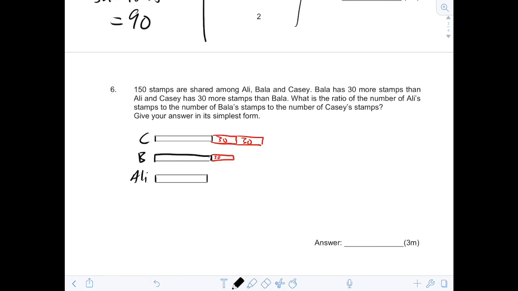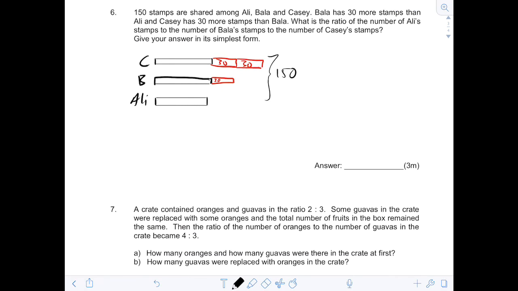And after you have drawn this already, it says that this entire thing is 150. So they want to know what's the ratio of Ali is to Bala is to Casey. So we have to find the total amount all these three have altogether. From here, if you minus off the 30, 30, 30, the 3 red color 30s, you can actually find what's 3 units.